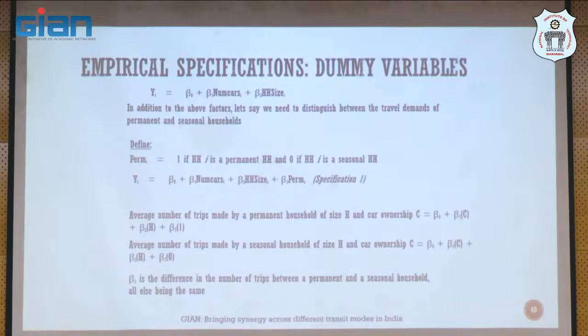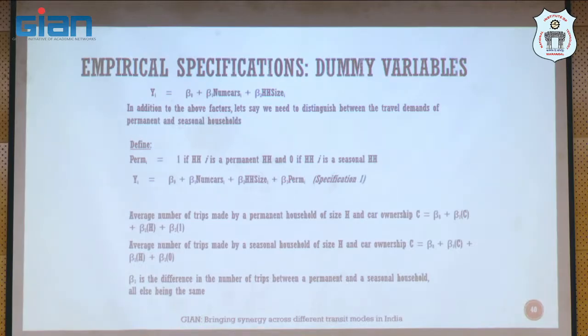So if permanent increases the number of trips they make by 0.5, what should seasonal do? Reduce the number of trips by the same number, right? So alpha 3 and beta 3 are related. They are just negatives of each other. If beta 3 is positive, that tells you that permanent households make more trips.